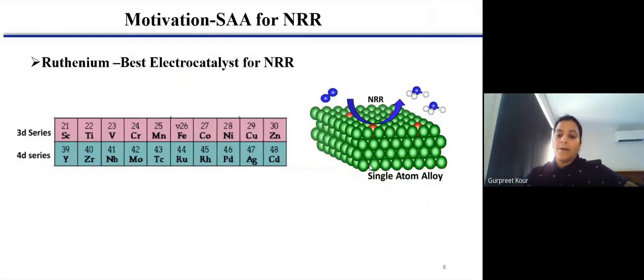So we came up with an idea: we know that ruthenium has performed well, but it has quite high overpotential. So we tried to study the single atom alloy based on ruthenium, and we doped the top layer of ruthenium with the 3D and 4D transition elements.